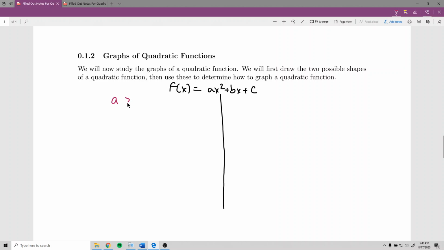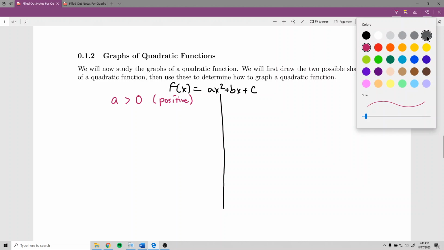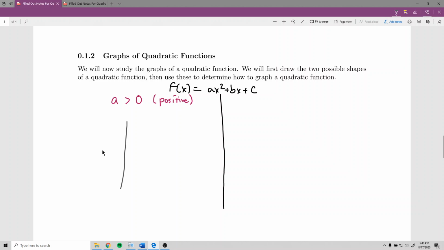The first one is when a is greater than 0, a is positive. It doesn't matter what b and c are for this. They can be anything. They can even both be 0. A must be positive. Then it has an upward U shape. And this U shape is called a parabola.